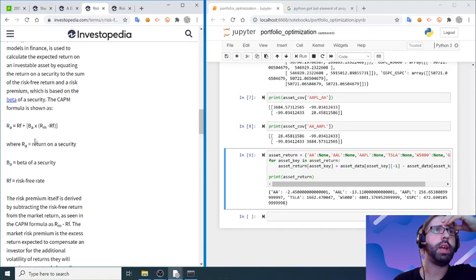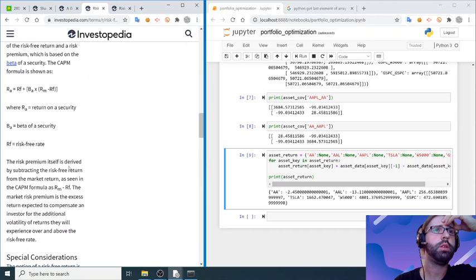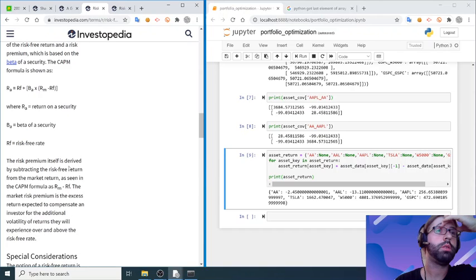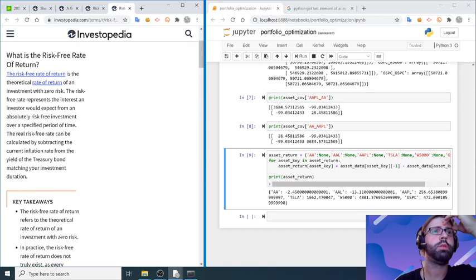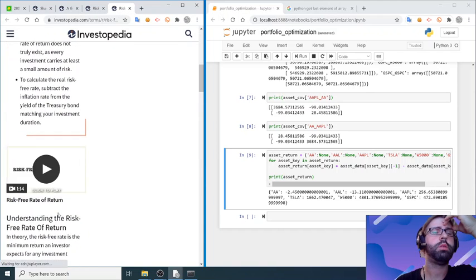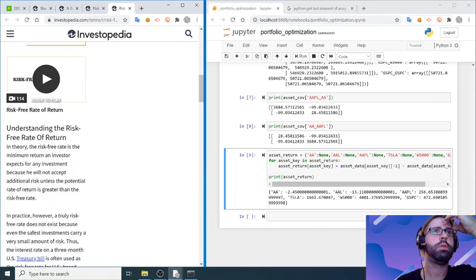The beta of an asset times RM. We don't know what RM is. Rate of return.